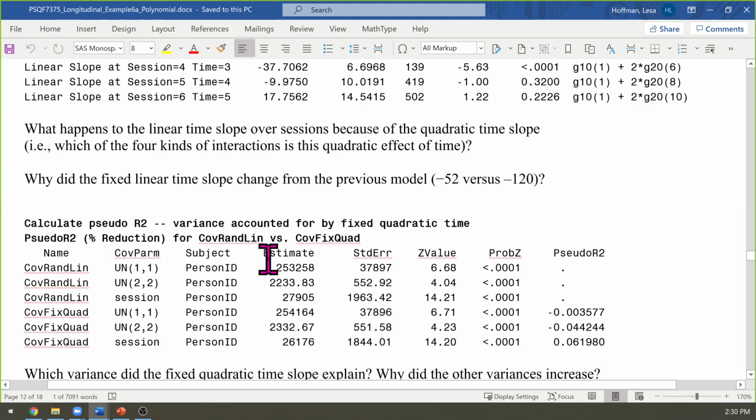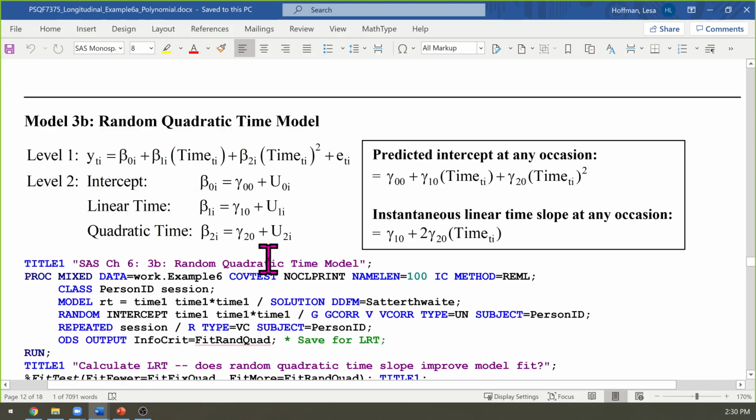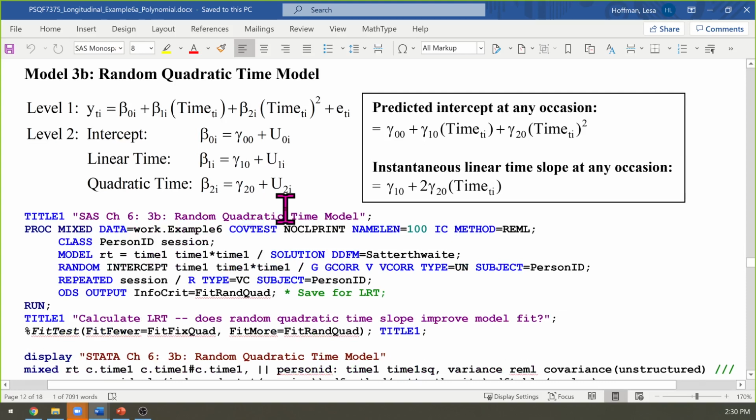No? Okay, so then the next question, do people accelerate or decelerate differently? Does the fixed quadratic time slope that I just added need to be random also? So in making something random, you keep the fixed part and you add on the random part. So we have kept the fixed slope in the model and added in the equation here u2.